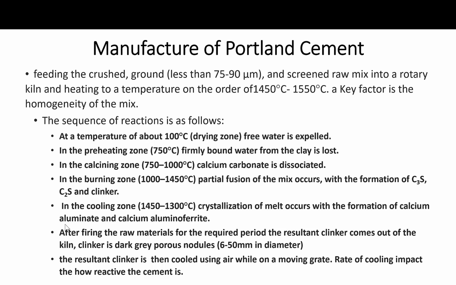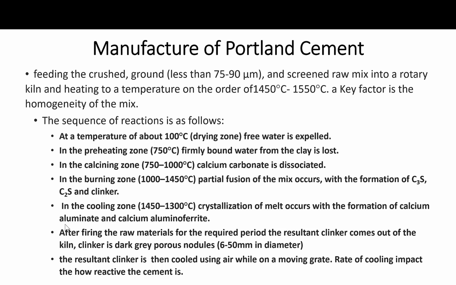At a temperature of about 100 degrees, this is the drying zone, and free water is expelled. In the preheating zone, about 750 degrees, firmly bound water from the clay is lost. In the calcining zone, 750 to 1000 Celsius, calcium carbonate is decomposed.